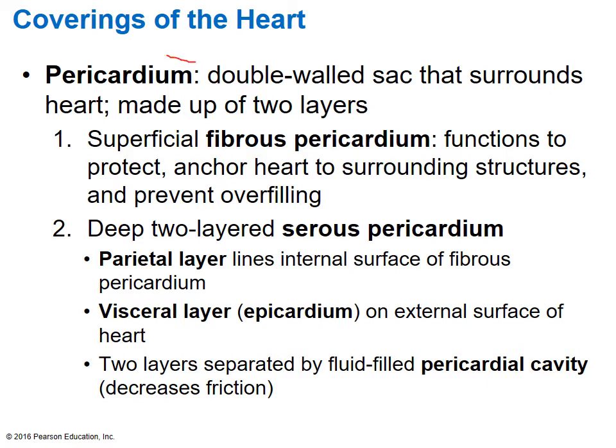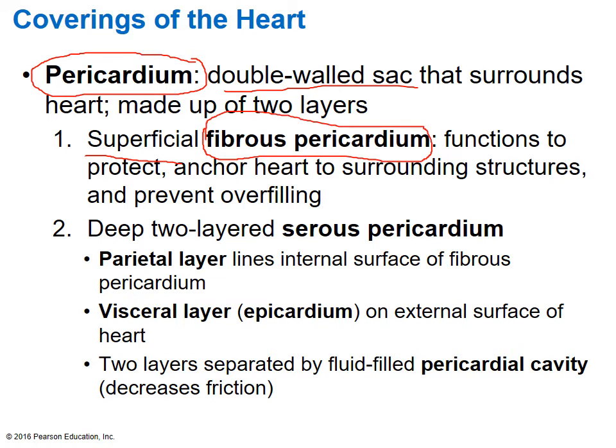The pericardium is going to have a double wall sac, a little container. It will surround the heart, and since it's double walled, that means it's going to have two layers. The layer that sits directly on top, the superficial layer, is called the fibrous pericardium.